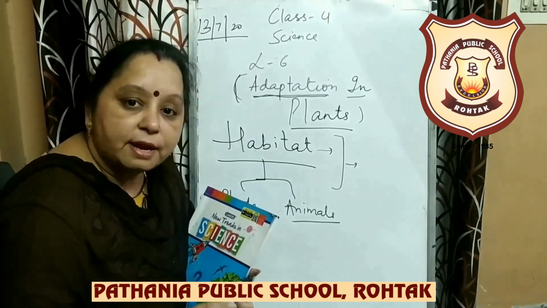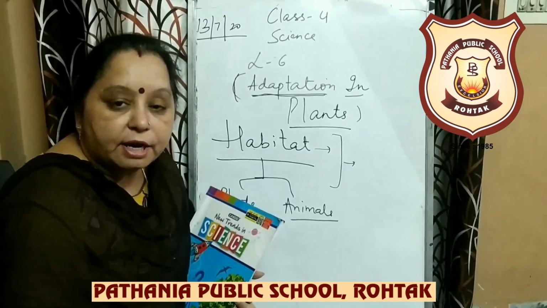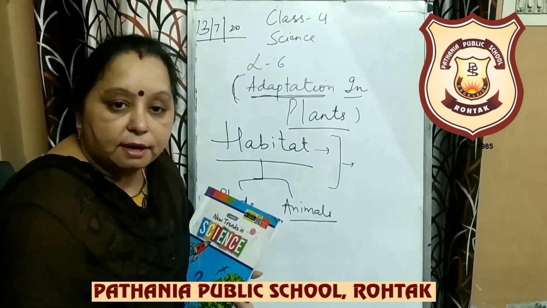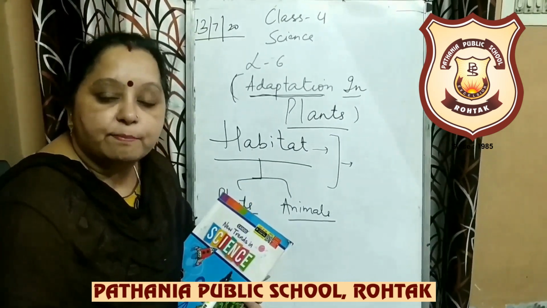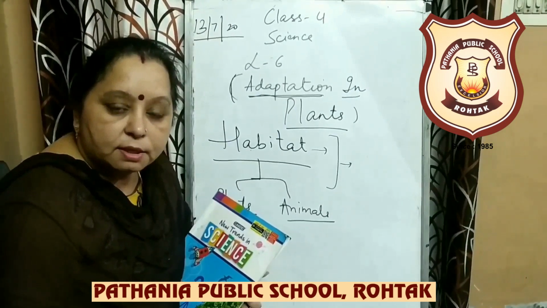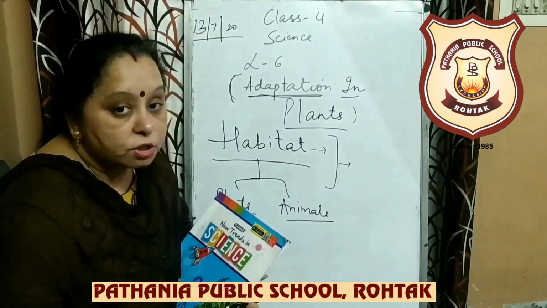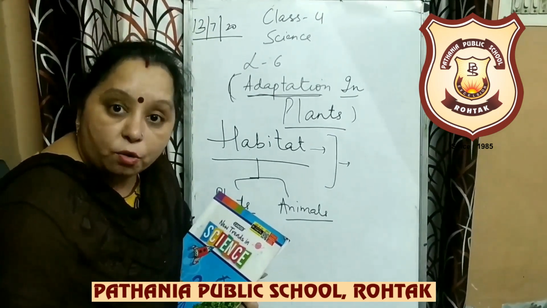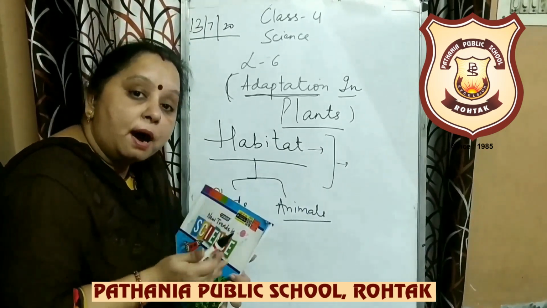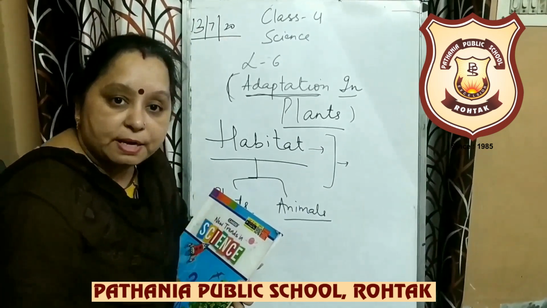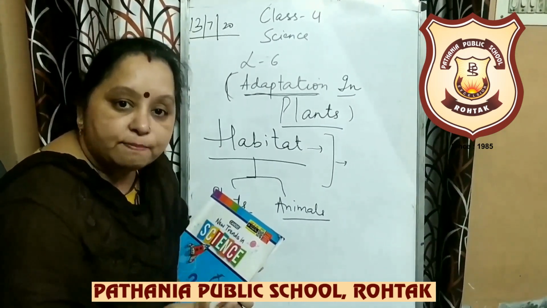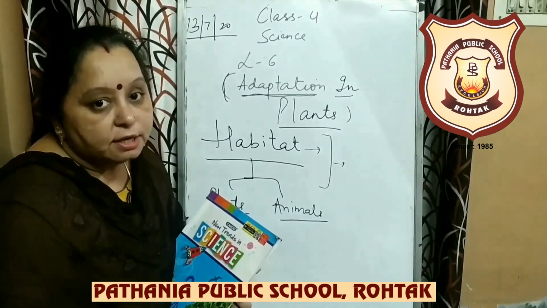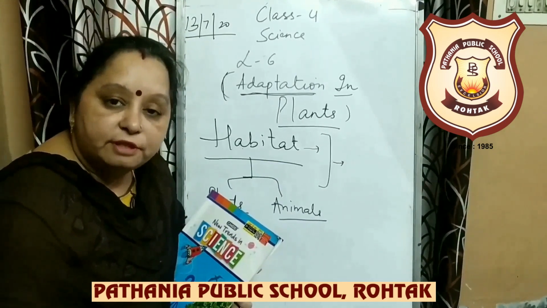In a similar way, in our country or in our area, there are different types of land. There are different types of weather. Some places are very hot, some places are very cold. So the plants that live in those places have some special features that help them adjust to live there.